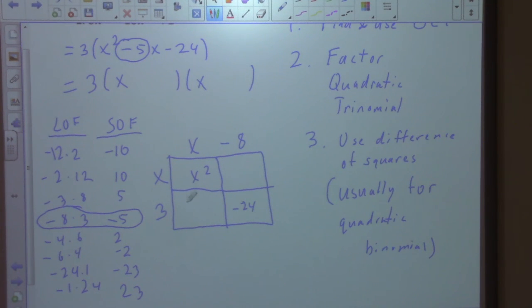And now we can test, and this is one thing that I like about the box method. The box method is an internal check, because now you have down here in the lower left 3x, in the upper right negative 8x, and these combined together are equal to negative 5x. So that's your check on the work.